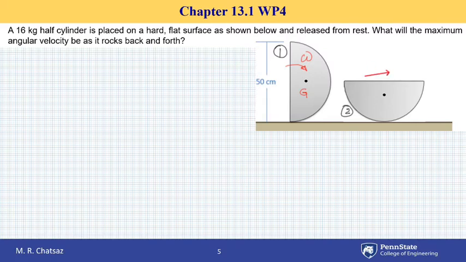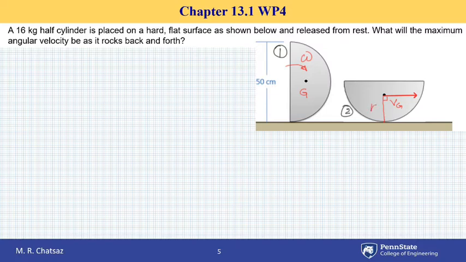So as it rolls and reaches position 2, the velocity at this point, mass center G, is going to be, let's call it V sub G. And since the point of contact is right here, its radius of rotation at this instant at position 2 is this. V is perpendicular to the radius of rotation.